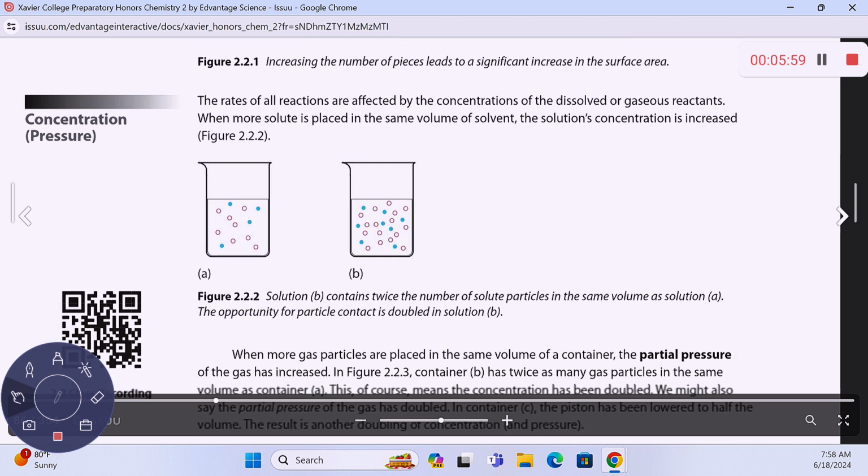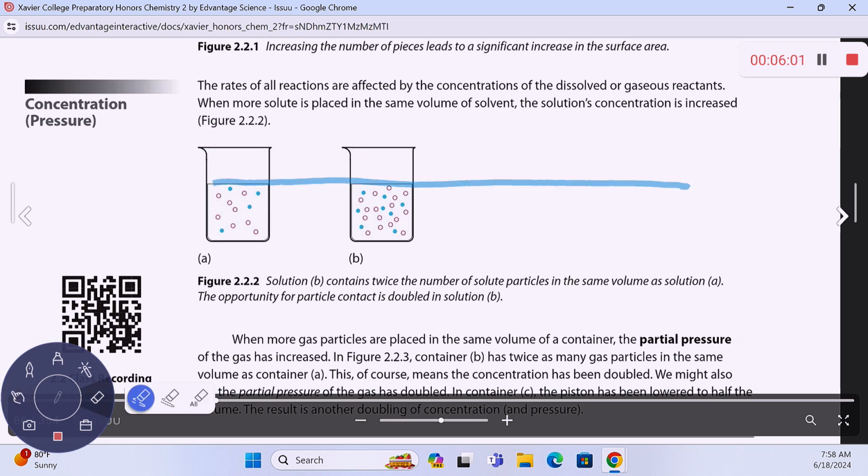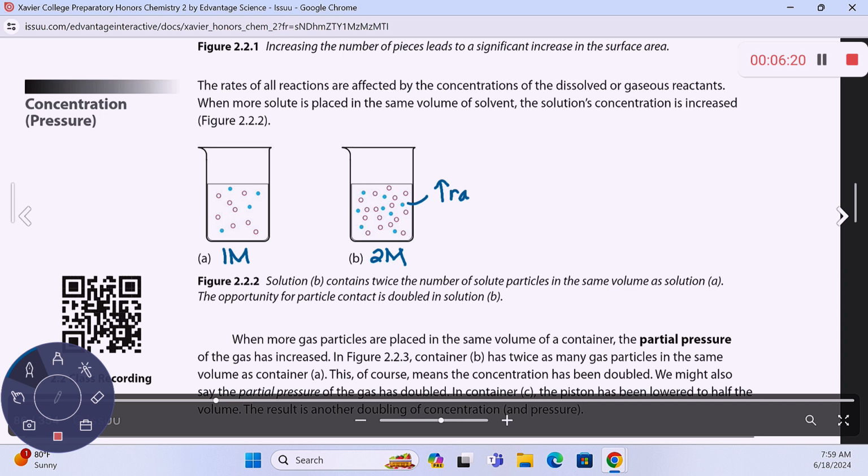Now, let's take a look at concentration. Here on the left-hand side in this beaker, let's say that we've got a 1 molar solution, okay? On the right side, let's say this is 2 molar. So that means we doubled the concentration. So we should have a faster reaction rate in the concentration that's doubled because the particles will come into contact more, they will collide, and it will produce product faster, okay?